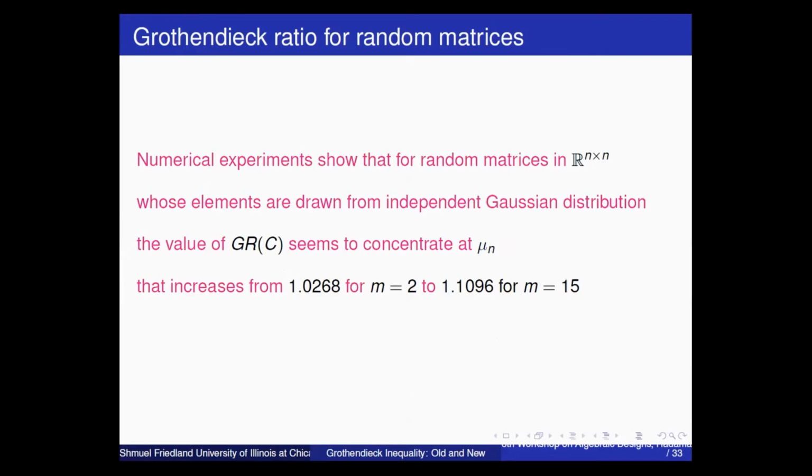It turns out from the numerical simulation that we did with my former student Sam Core that the average violation is increasing and seems to tend to a limit. Of course, it won't exceed the Grothendieck inequality bound. So this is actually very interesting for people who want to use random matrices.